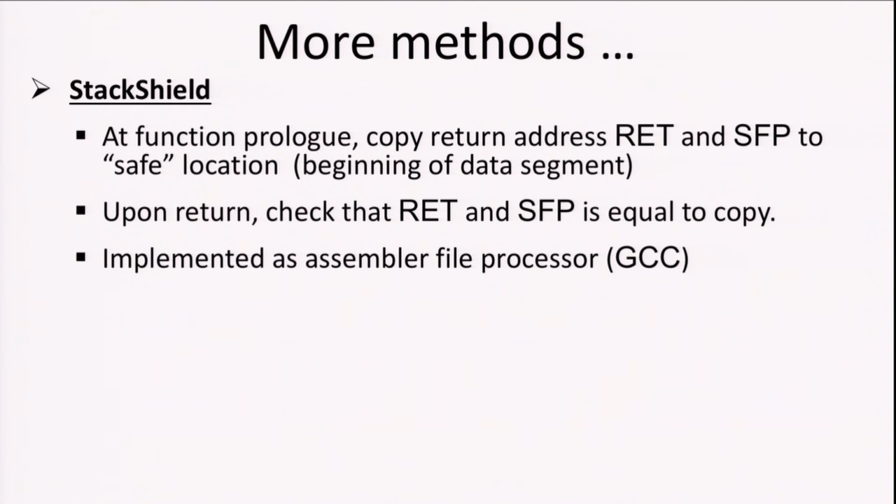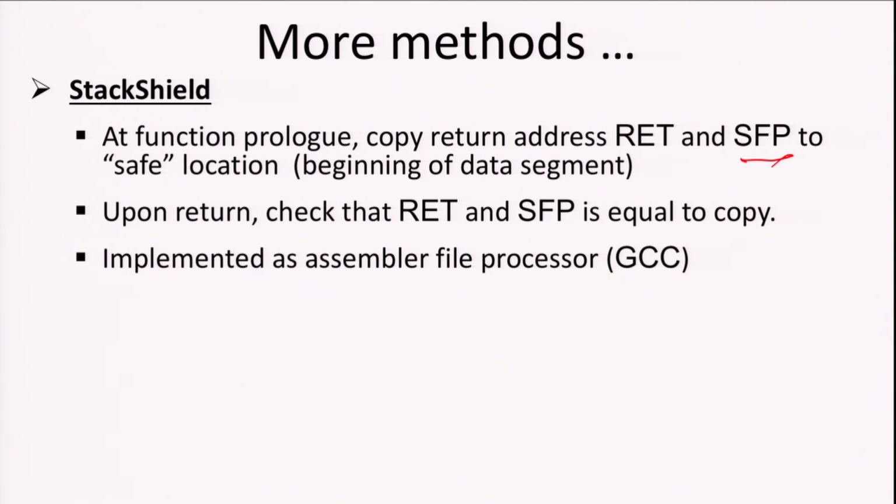There is also StackShield, which changes the function prolog and copies the return address and SFP to a safe location. When your function returns, it checks if the return address and the SFP that were copied in the beginning are still the same.